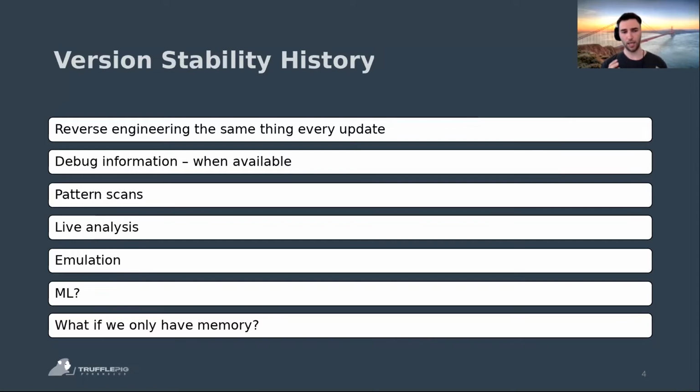A better practice to get new offsets and information on where data is located in memory is pattern scans. You basically reverse engineer the source code and try to find references to the structures that you're interested in. With those references, you try to find patterns that are version stable for those code segments accessing the data that you're interested in.